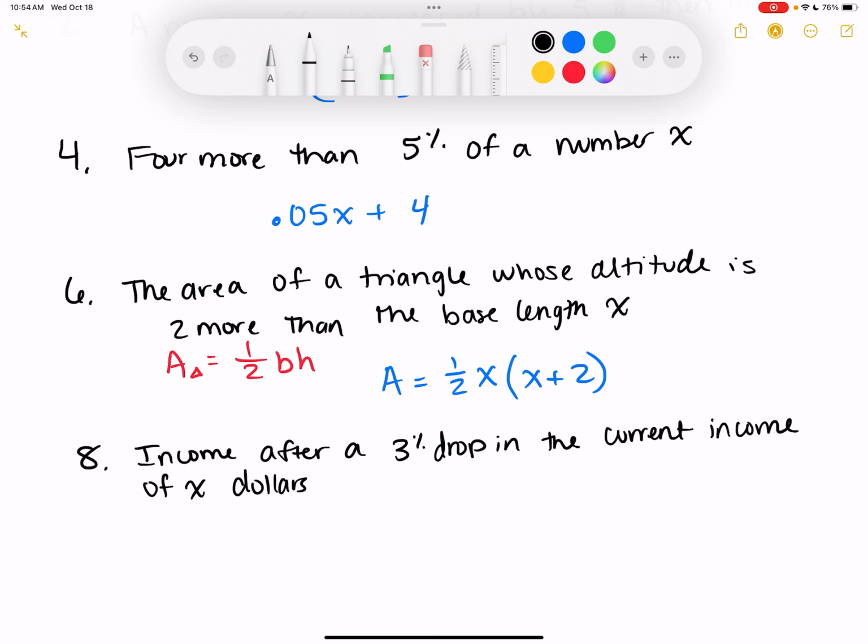So a 3% drop in the current income would be the same as what? How much of my current income? Minus 97%. So it's going to be 0.97x.